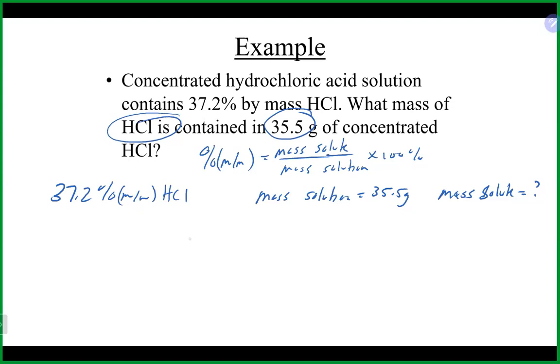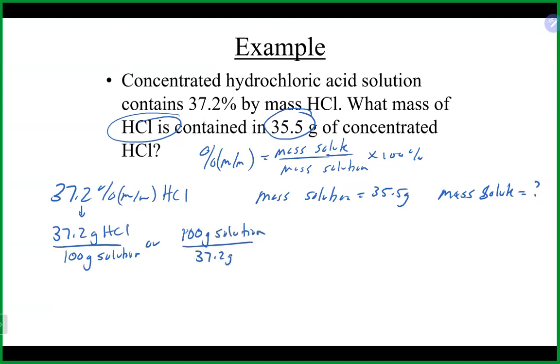So in this case, we could do a couple things. We could turn this into a conversion factor of 37.2 grams of HCl over 100 grams of solution, or again, 100 grams of solution is 37.2 grams of HCl. So if we want to take more of a dimensional analysis approach, we could take 35.5 grams of solution.